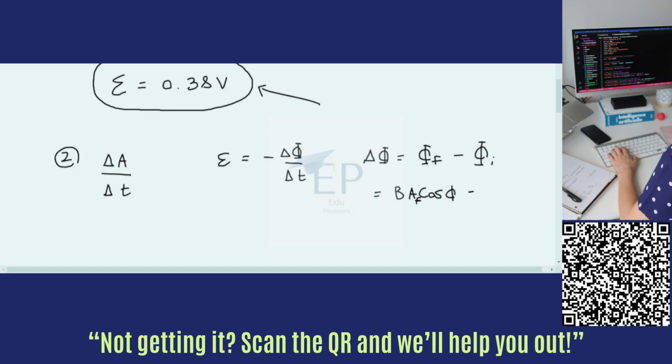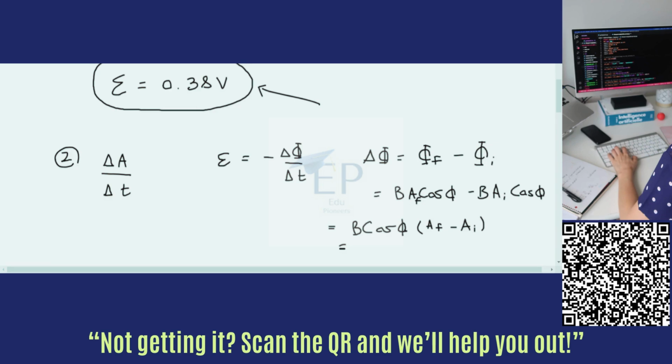And then similarly, the initial flux looks almost identical except with an initial area. So we can factor out a B and a cosine of phi there. We'll have B cos phi times A final minus A initial. And A final minus A initial is just delta A.